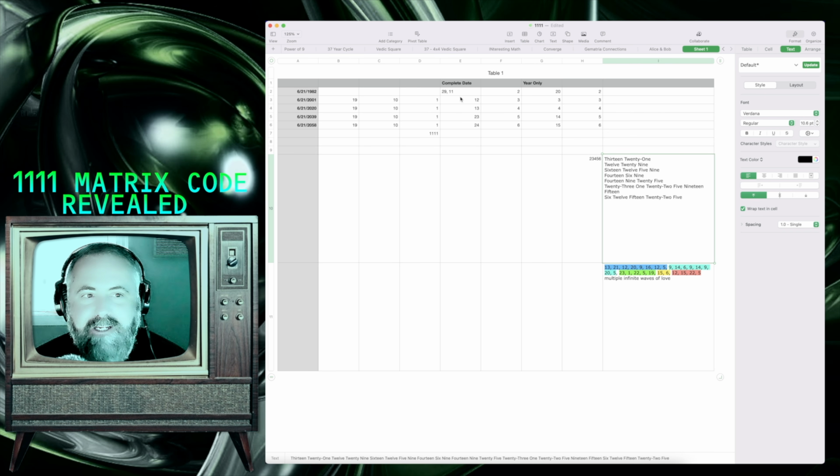And then for each date to produce numbers in a sequence, 2, 3, 4, 5, 6. And then for those numbers to generate a phrase that technically isn't a phrase, but it is, but it's hidden within more numbers. And then for those numbers to produce this exact phrase, multiple infinite waves of love. It cannot be coincidence. It is by design. It is simply by design.